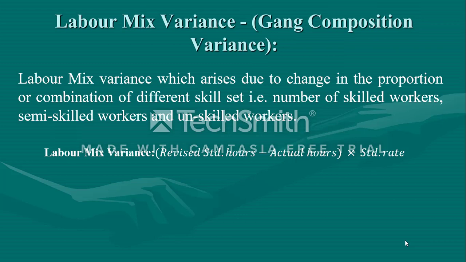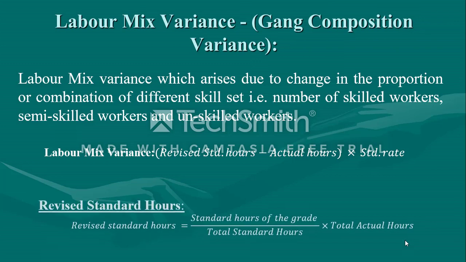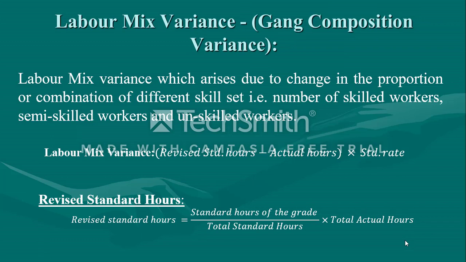We have already said what standard rate and actual hours mean. So how to calculate the revised standard hours? Revised standard hours equals standard hours for the grade divided by total standard hours into total actual hours. This is the formula for calculation of revised standard hours.